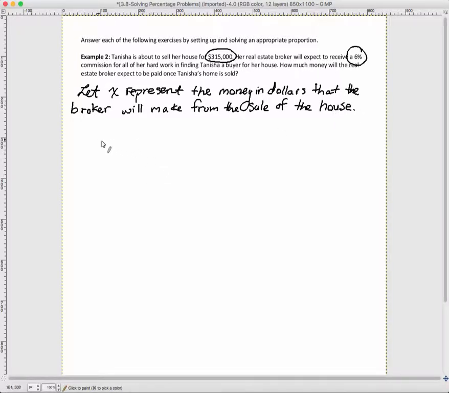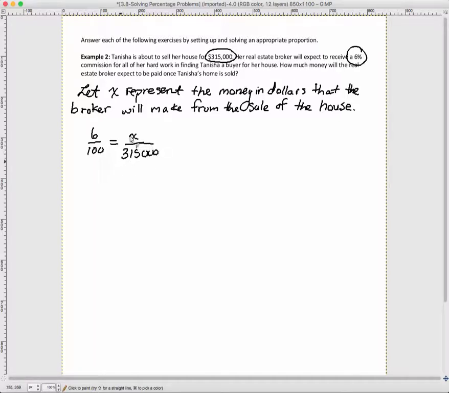We've set it up. We know that it's 6% of the 315,000, so that means that the 315,000 is our total. So 6/100ths is equal to X, the amount that the broker will make, divided by the total amount, 315,000.